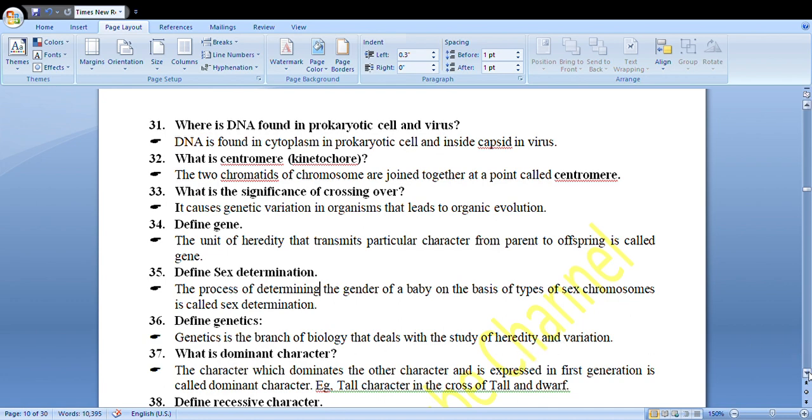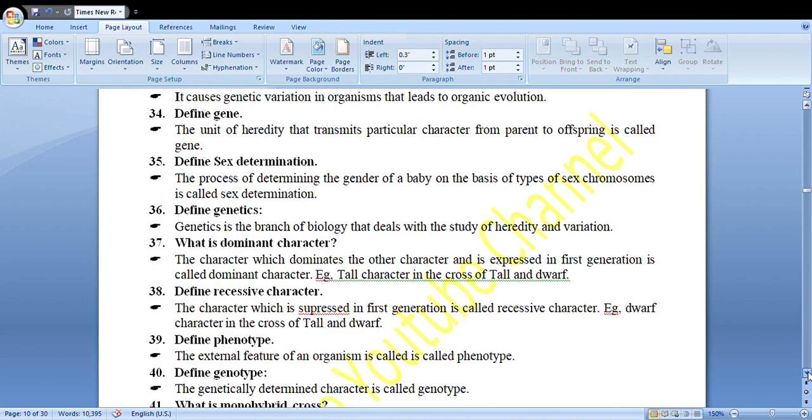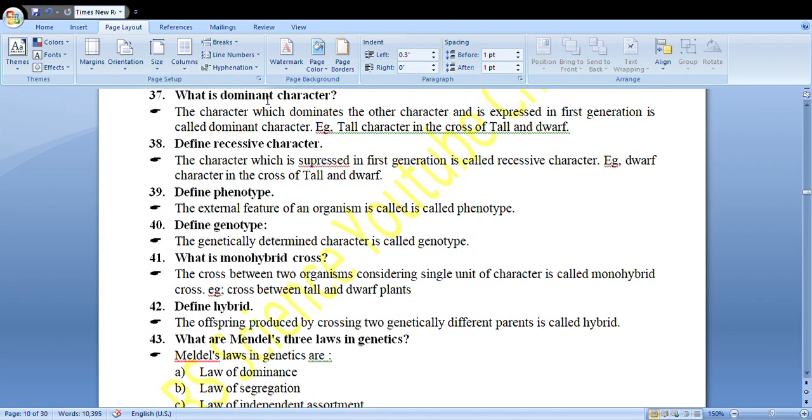What is dominant character? The character which dominates the other character and is expressed in first generation is called dominant character. Example, tall character in the cross of tall and dwarf is the dominant character. What is recessive character?